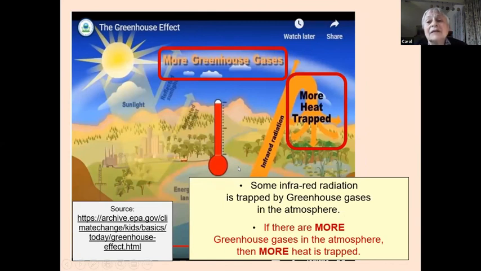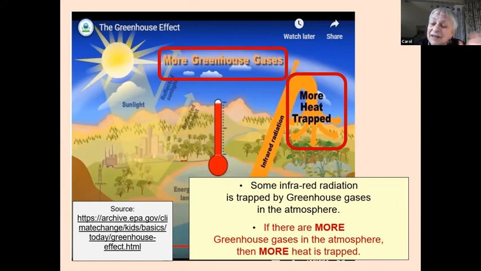The big question that scientists, the vast majority, 97% of scientists, are worried about is whether we have more and more greenhouse gases trapping even more and more heat. And is this a problem?